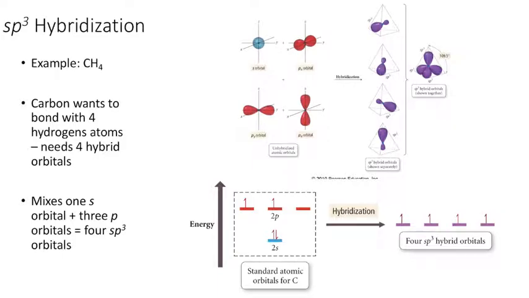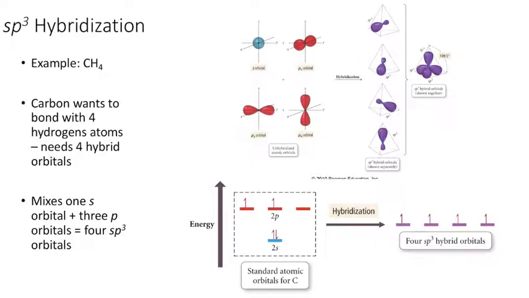Those are 4 equivalent orbitals where you can take the 4 valence electrons, following all of the rules we know about electron configurations, and put one of those electrons in each orbital. Carbon then gains the ability to now bond with 4 hydrogens, or 4 other atoms for that matter, which it didn't have before we did this hybridization.